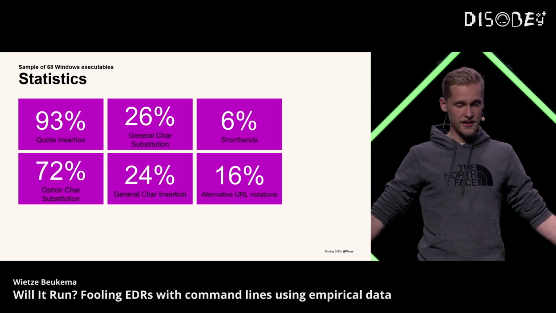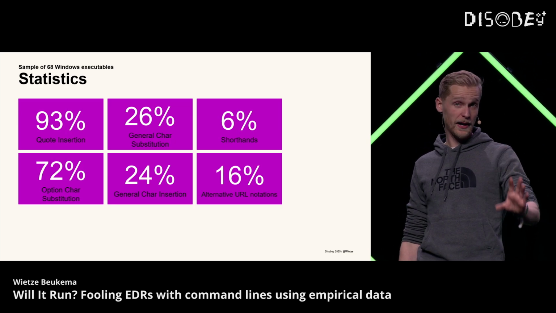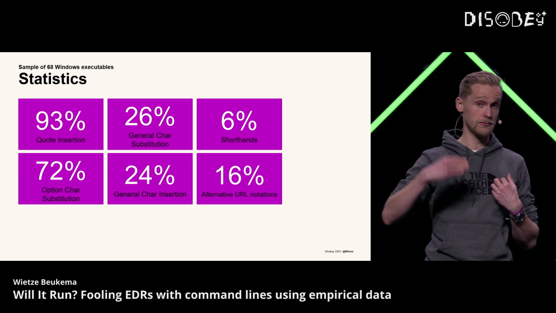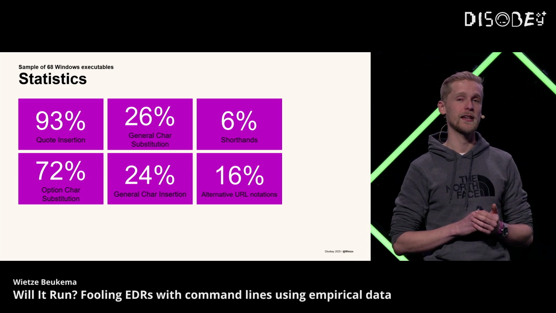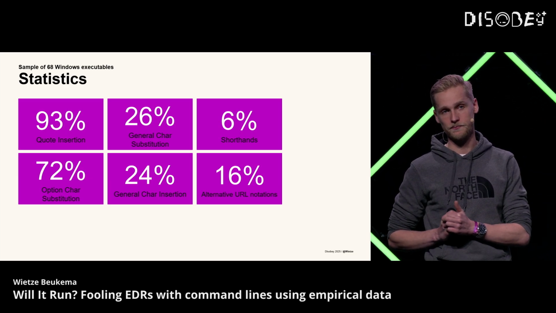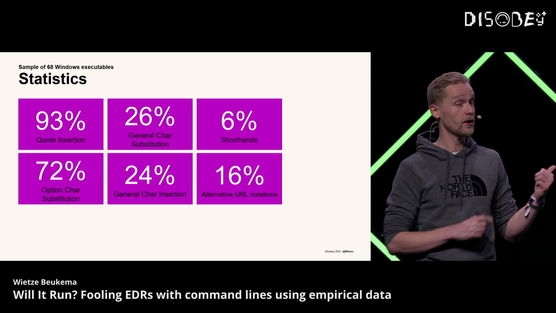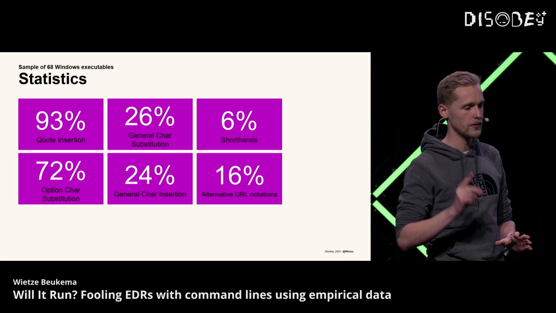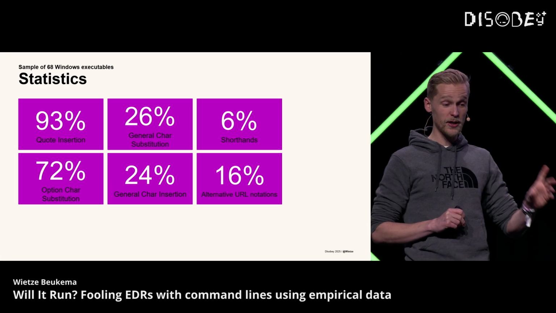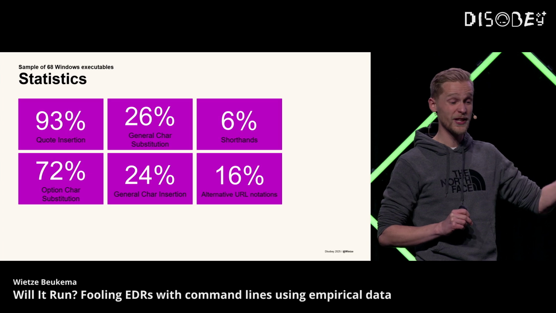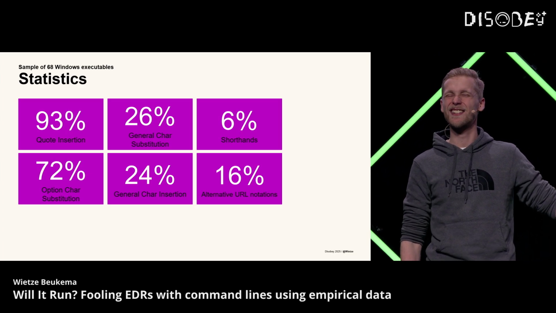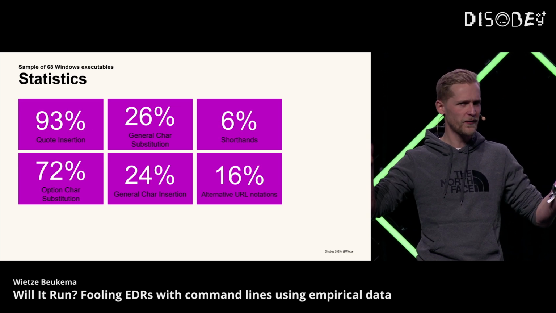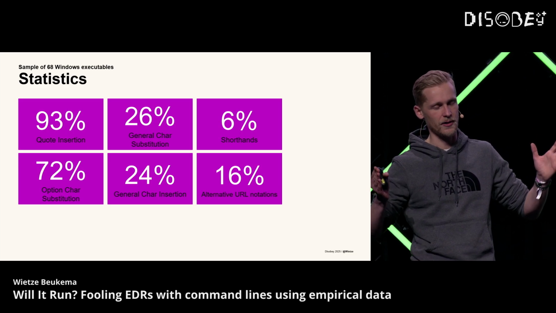Sweet. Some statistics. There is a really cool comparison page, which I will show in a second, where you can combine all the different executables. But of those executables that I picked, 93% are susceptible to the quote insertion thing. That was much higher than I thought, and that is a bit problematic because that one is also perhaps hardest to detect, but I'll get to that in a second. But quote insertion, by far the most prevalent. Option character substitution, 72. Again, sometimes it's just a slash and a hyphen, but sometimes, I think there's one where there's like 15 different Unicode versions of slashes and hyphens it accepts.